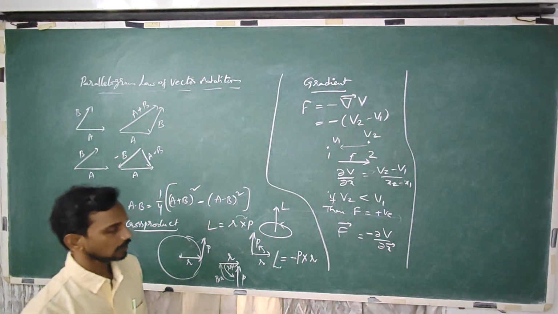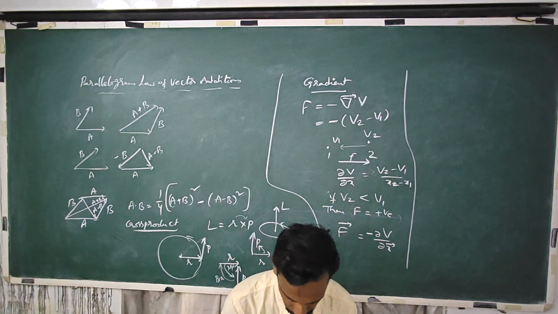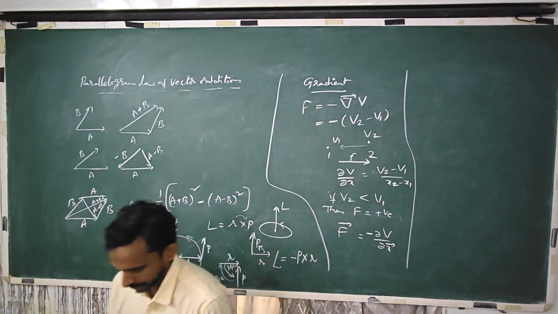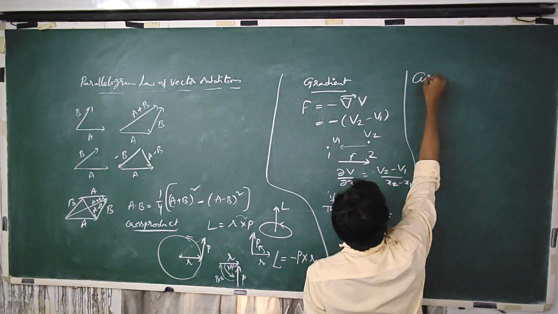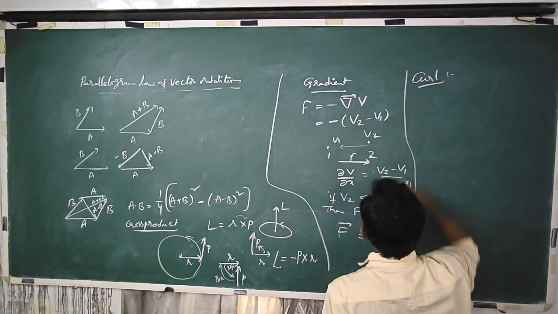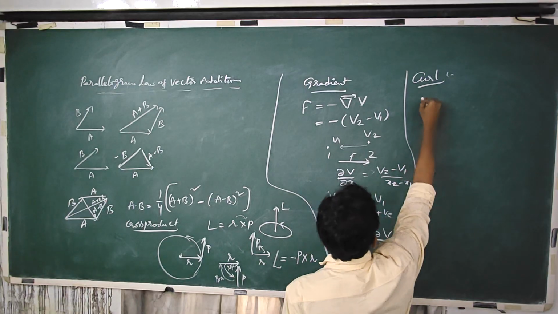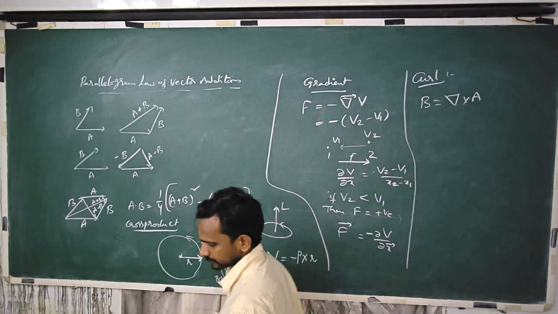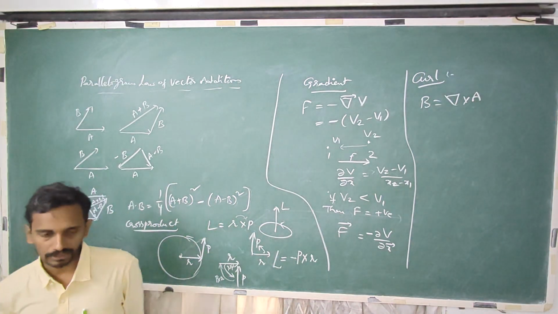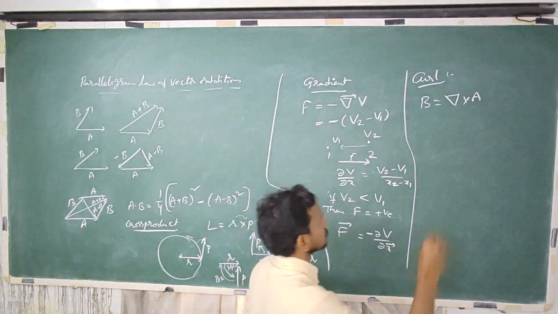So gradient is the operator. Next one, curl. Let's say we'll be using this in the magnetic field. It is del cross A. Here both are vectors.